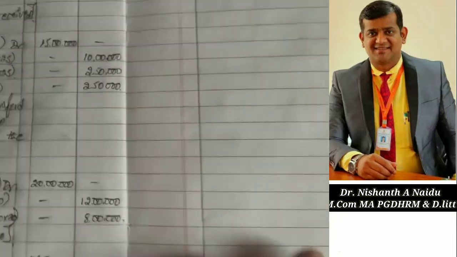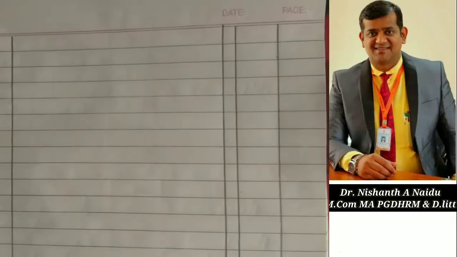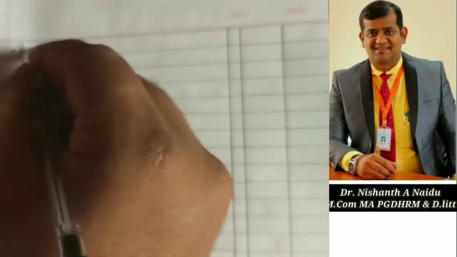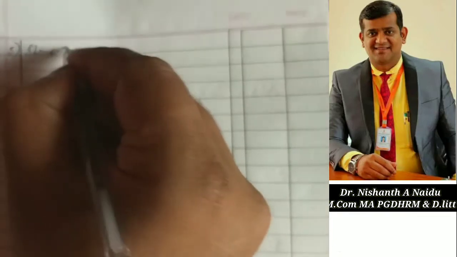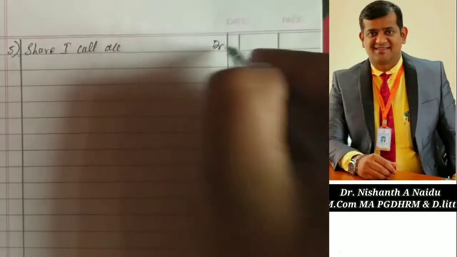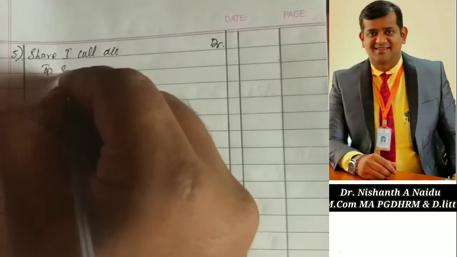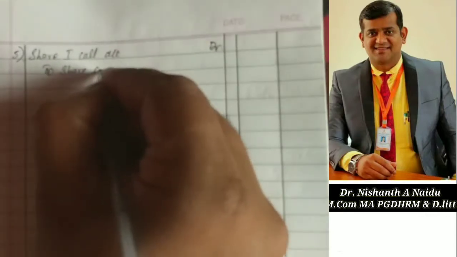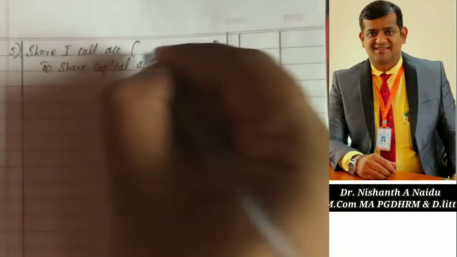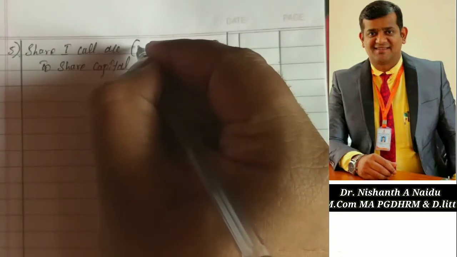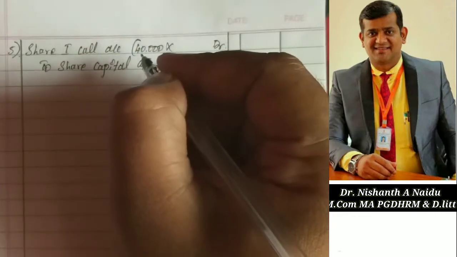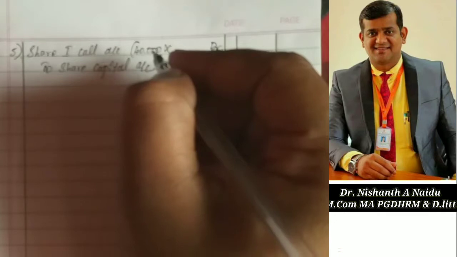Okay. So next is the fifth journal entry, that is first call money due. So write down share first call account debtor to share capital account. So 40,000 into how much is for first call? 25 rupees.